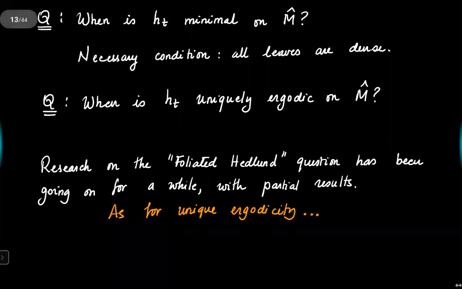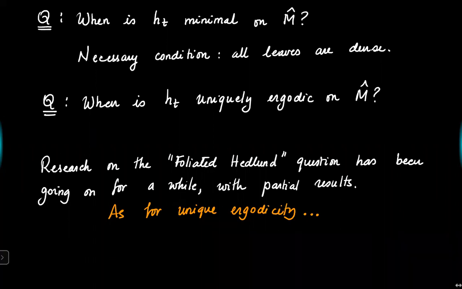So the first question, the question of minimality, has been addressed in several papers. So this is research that has been going on for a while. There are partial results. It is not true in general that the horocycle flow is minimal for a minimal foliation by hyperbolic surfaces in a compact manifold.